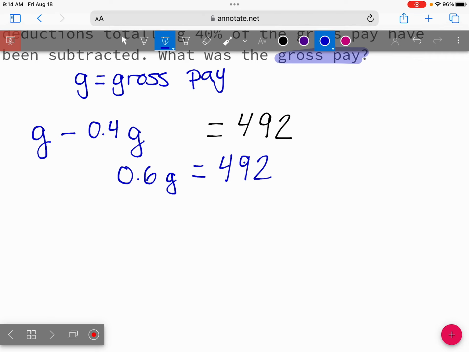6 over 10. Does that help us with this calculation here? Because that's a little bit easier than divide by 0.6. We did 1 minus 0.4. So that's 1g minus 0.4g. We combined our like terms.